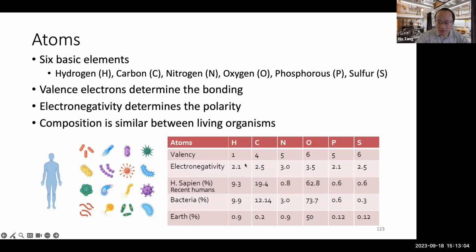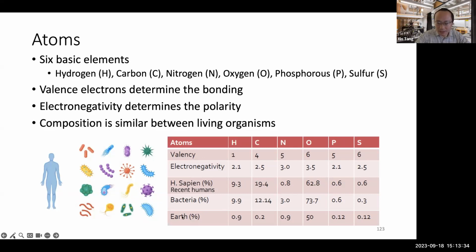Those are determined. But if you look at the third and fourth rows, human and bacteria, in fact the distribution of those elements is quite similar. That means the chemical composition of those living systems is not too dramatically different.